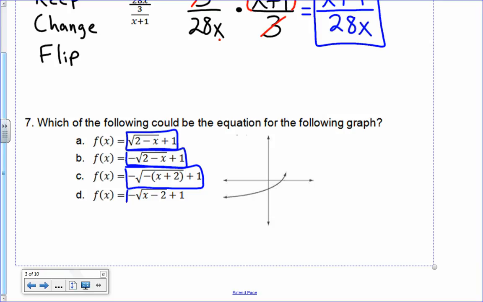Whichever one looks like the picture is the correct response. And there's only one that looks like the picture. All right? And that one is answer choice B. So practice punching those in so that tomorrow it will be easy.